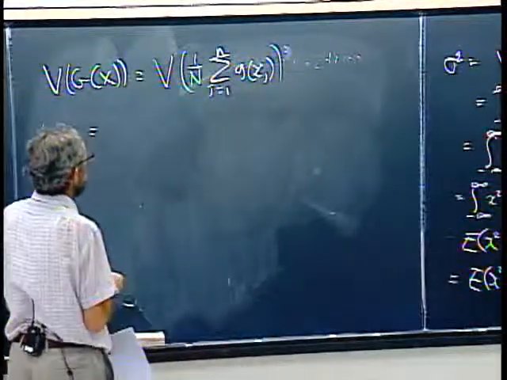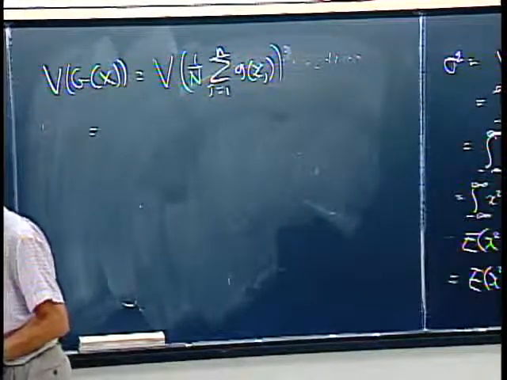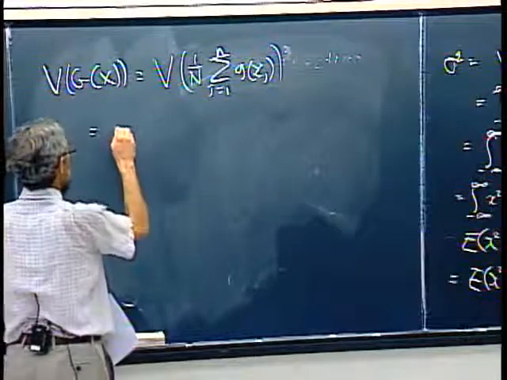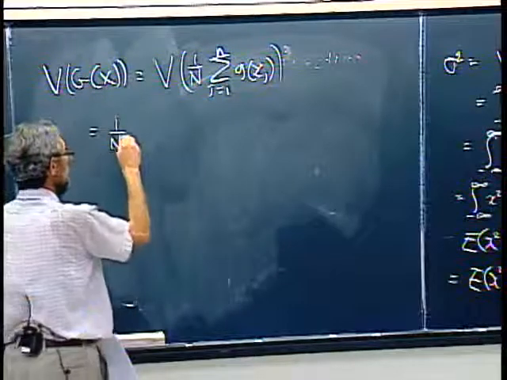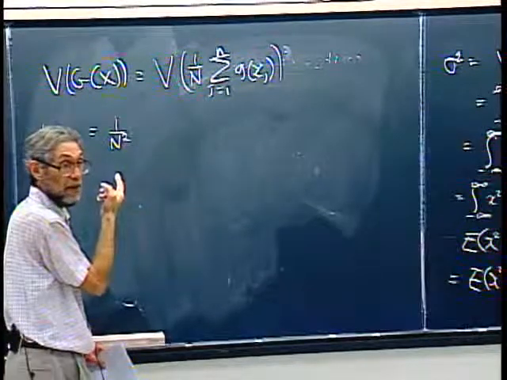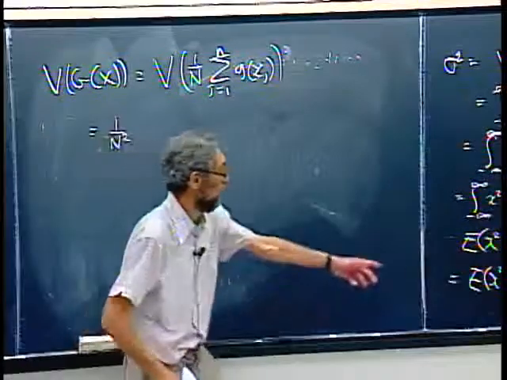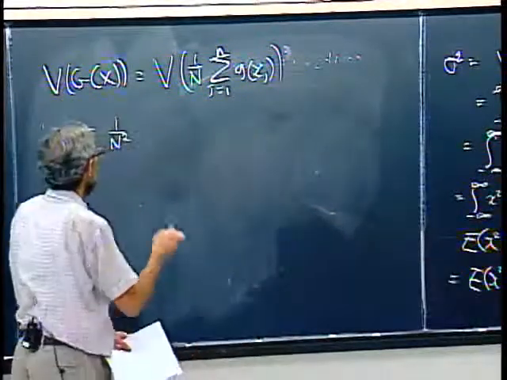And that's equal, by the factoring thing I proved on this board, I have a 1 over n squared as the constant that's coming out, right? Because whatever that constant c was, when I compute the variance, I get the c squared, because all these terms for the variance have squares in them.